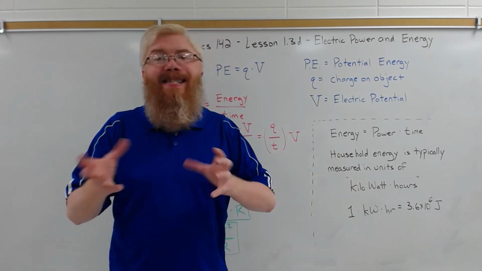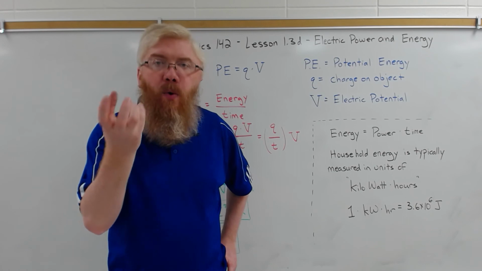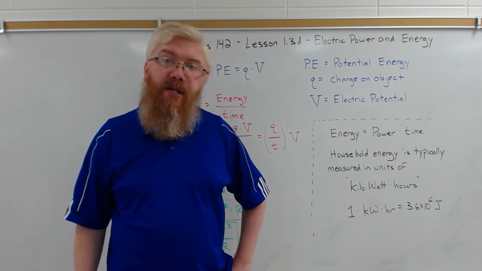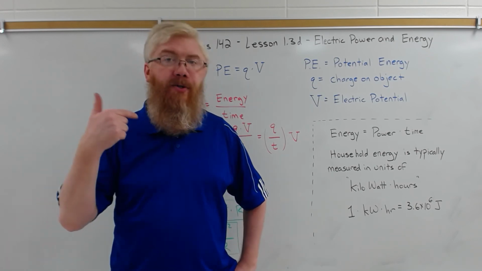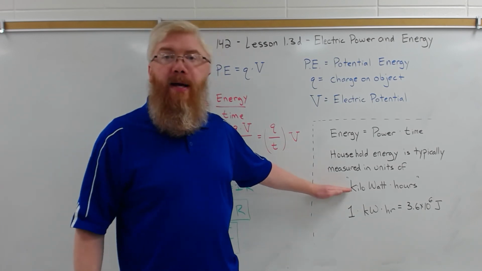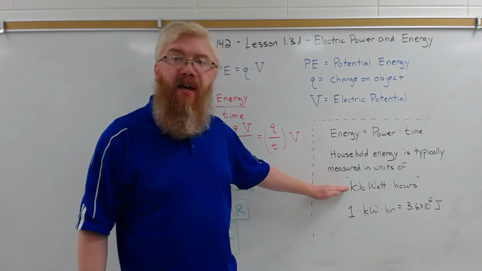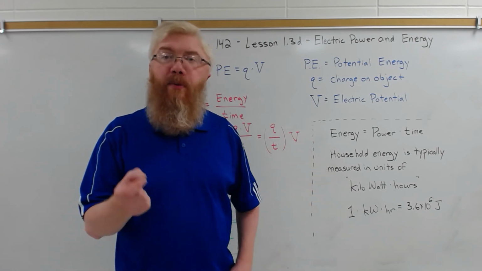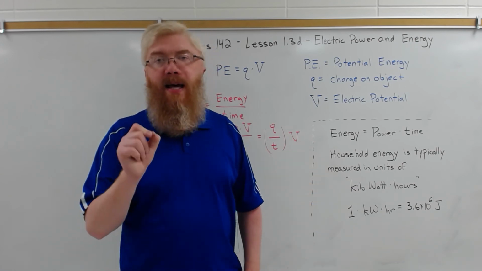So it gives you an idea, given the power demand in watts of the objects that you're using, microwaves, dishwashers, washers and dryers, and so on. You can actually calculate energy in terms of kilowatt hours.